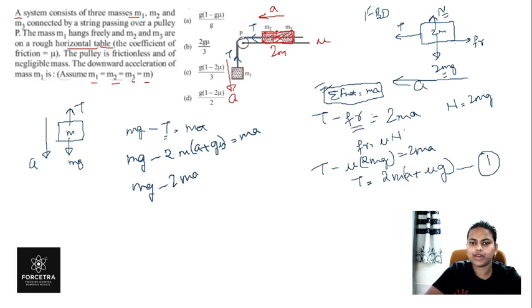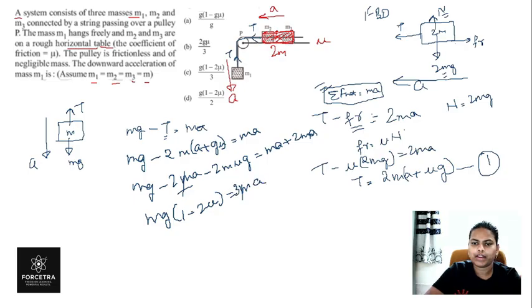Mg minus 2ma minus 2m mu g is equal to ma. So ma plus 2ma, and this would be mg into 1 minus 2 mu is equal to 3ma. M got cancelled, so the value of a is equal to g upon 3 into 1 minus 2 mu.